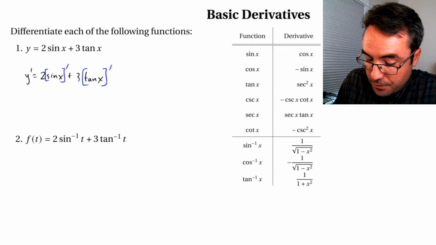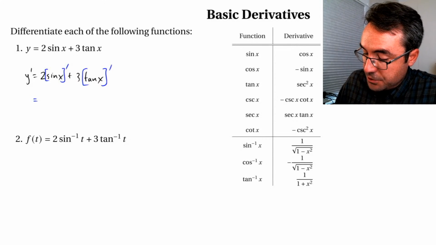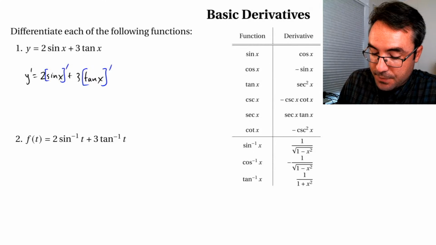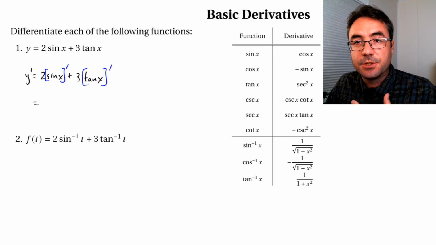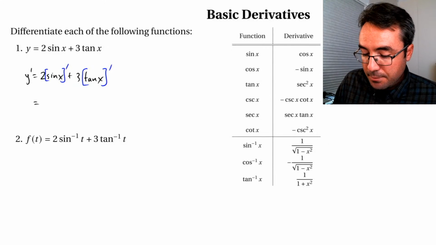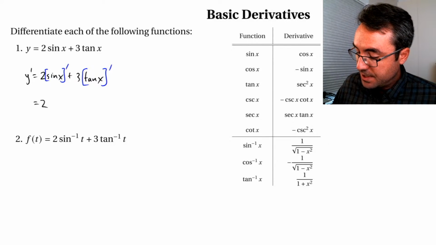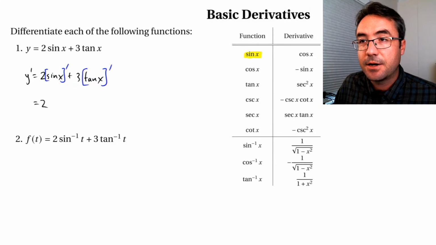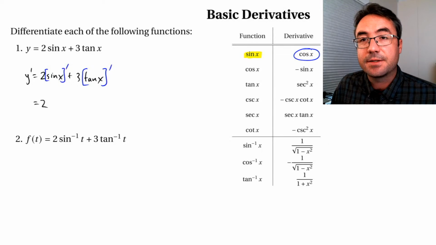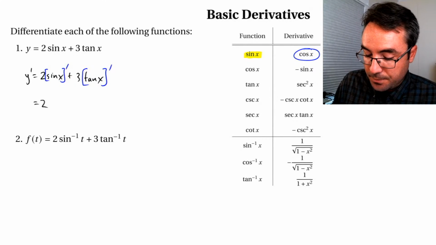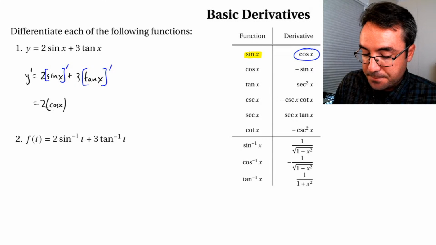And then we just go through and look up what each of those derivatives are. Once we get these memorized, we'll be able to just write down what the derivative is. But let's go for sine x. What's the derivative of sine x? We find sine x on our chart, and the derivative of that is cosine x. So it'll be 2 times cosine x here.